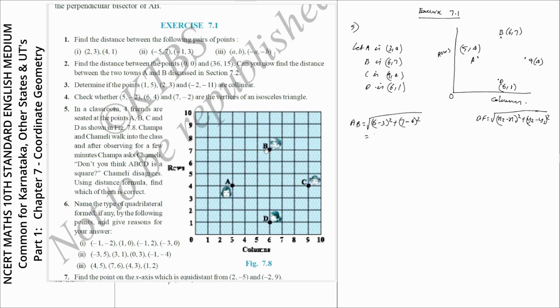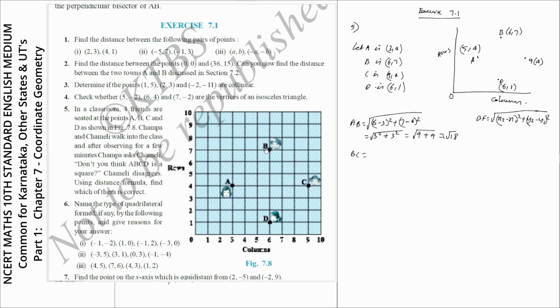So 6 minus 3 is 3 square plus 7 minus 4 is 3 square. So 3 square is 9, again another 3 square 9. So square root of 18 I'll get.